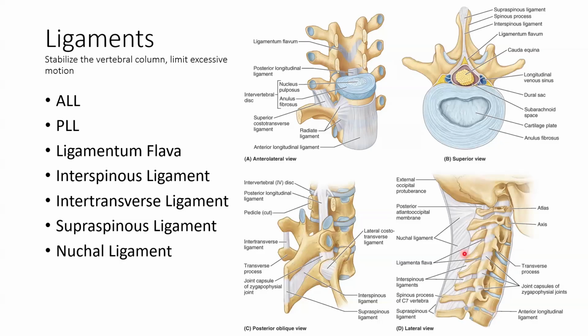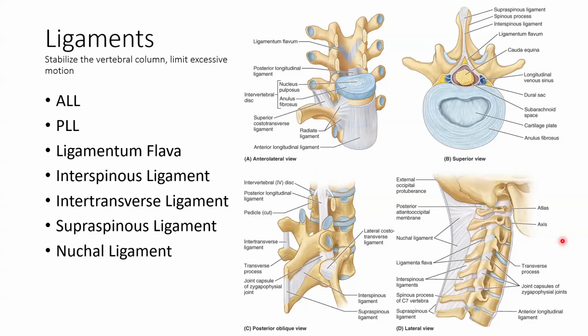The PLL, posterior longitudinal ligament, is much smaller than the anterior longitudinal ligament. It runs on the posterior side of the vertebral bodies within the spinal canal. Same idea here. It would get pulled more taut as the spine goes into flexion.